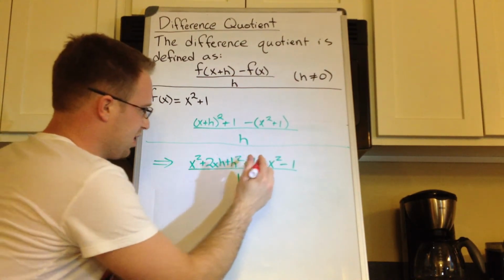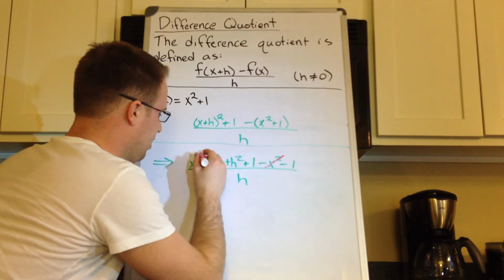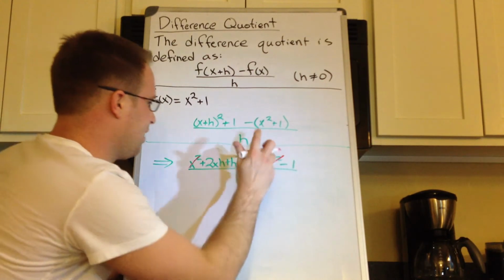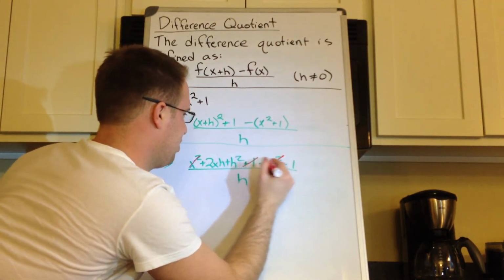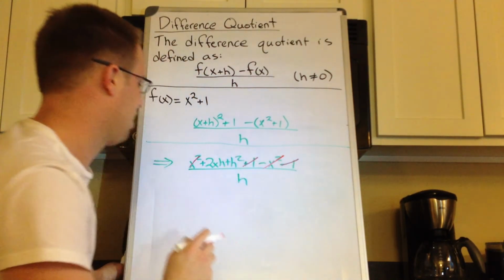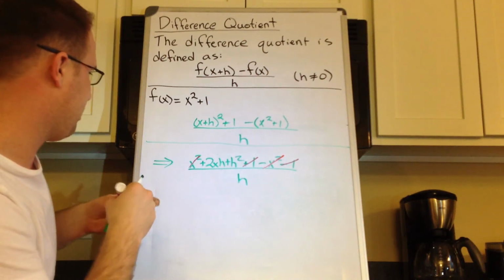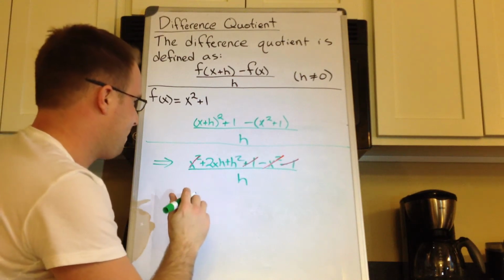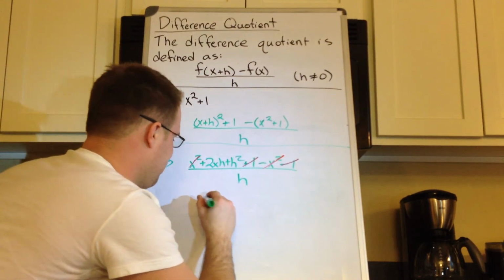So x squared minus x squared is 0. We can get rid of both of them. Here we have a positive 1, and here we have a negative 1. So 1 minus 1 is 0. We can get rid of both of those too. So what we have left after we cancel is 2xh plus h squared all over h.